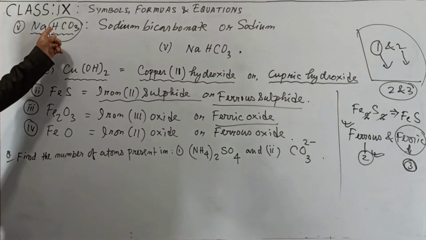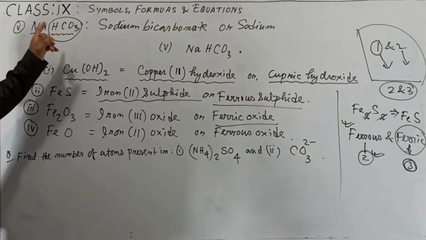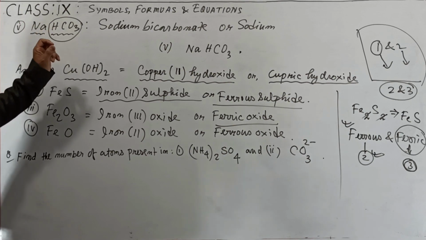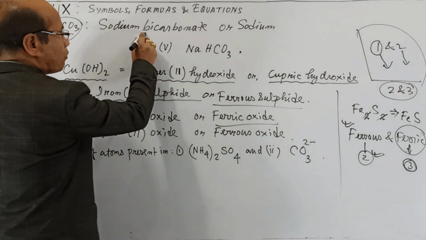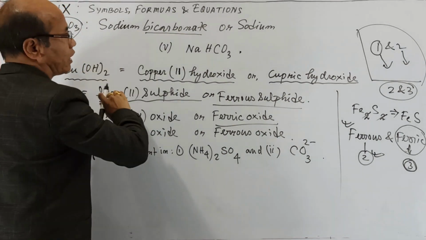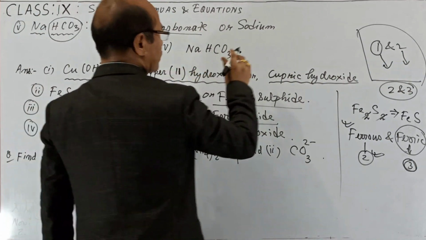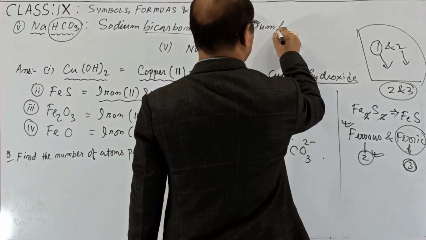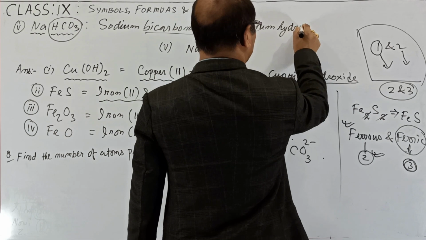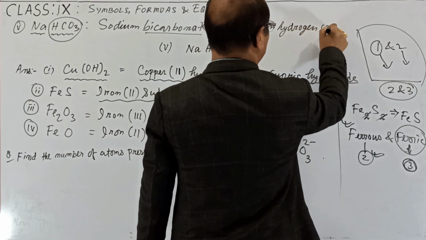You can call it bicarbonate. Also you can call it hydrogen carbonate. So using the word bicarbonate we make the first name. And the second name, using hydrogen carbonate, you can write like this: sodium hydrogen carbonate.